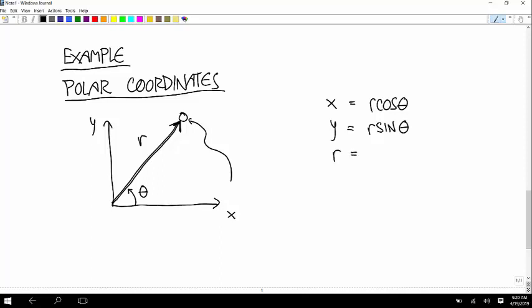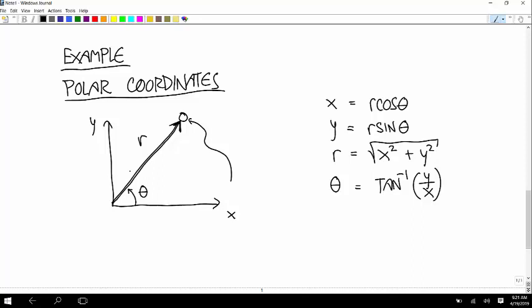r is equal to, by the Pythagorean theorem, the square root of x squared plus y squared. And then theta is the inverse tangent of y over x. Those give relationships between the x, y coordinates in that fixed coordinate system and the polar coordinates. Okay, and this is sort of an unusual thing.